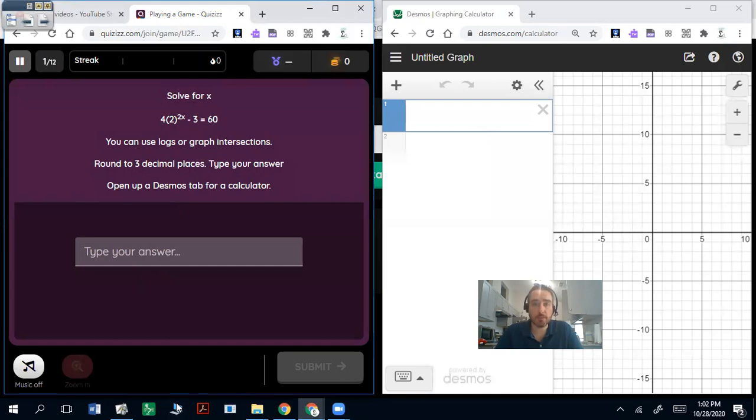Question number 1. Solve for x. 4 times 2 to the 2x power minus 3 equals 60. You can use logs or graph intersections. Let me first say that if you have Desmos, which you all do, any equation can be solved with a graph intersection.